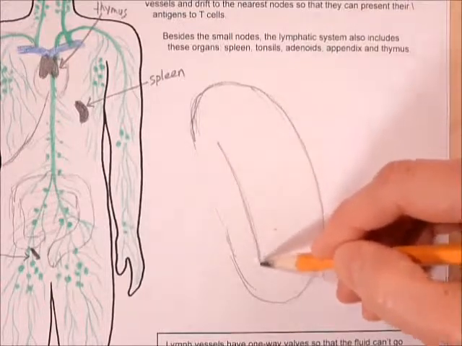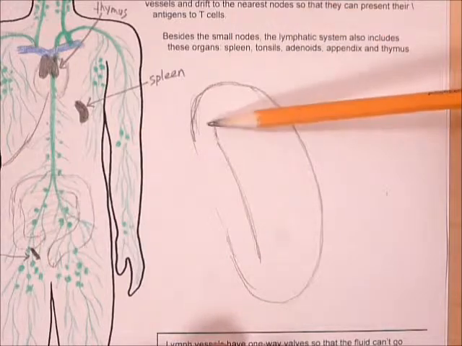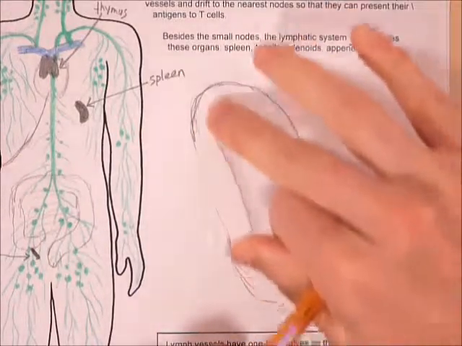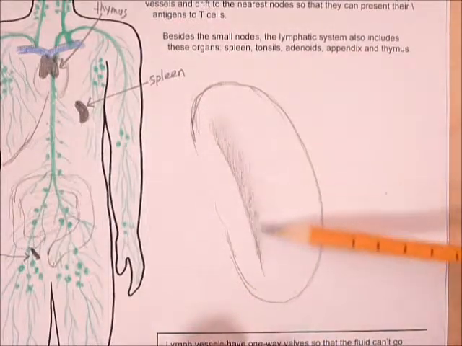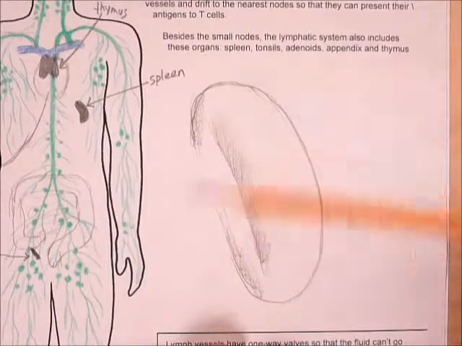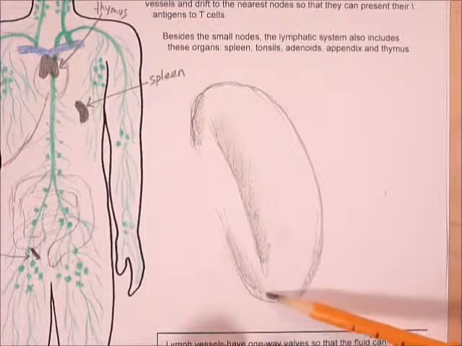So this will be fun to shade. To make that dent look like it goes in, we're just going to do a little shading along here, and you can take your finger and kind of smear. And then along the back here, we're going to make it look like it's round down here.